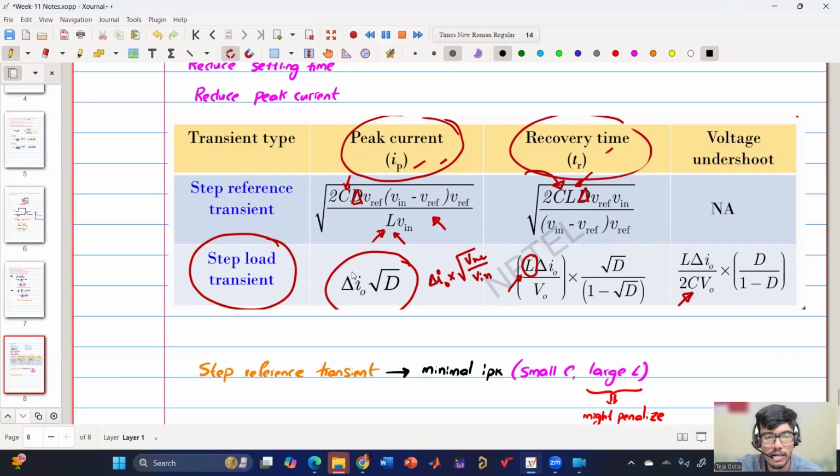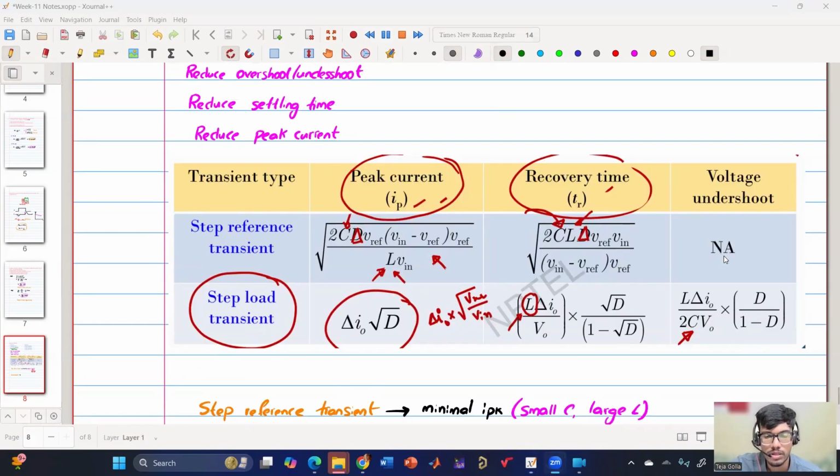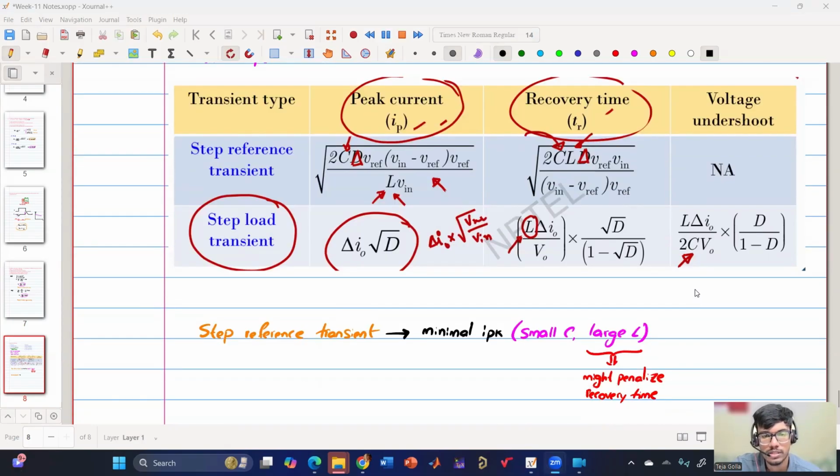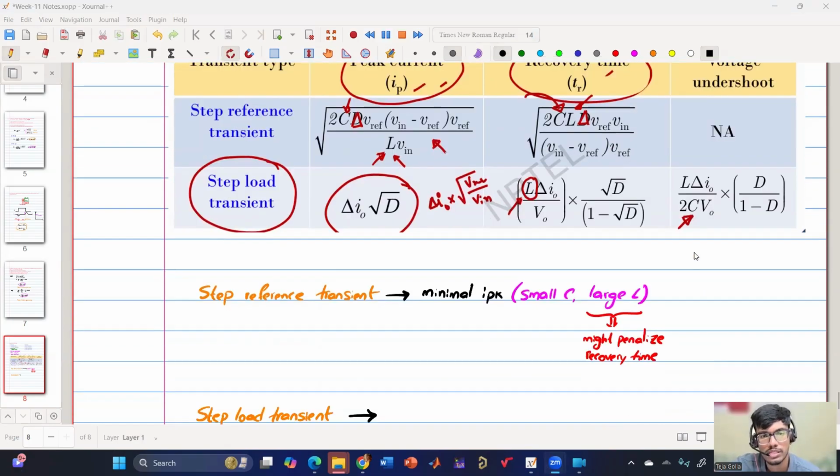First of all, the peak current is independent of L and C, so no issue here. Coming to the recovery time, whether we want small inductance or large inductance. Small inductance. And for voltage undershoot, whether we want minimal or maximum. Small inductance and large capacitance.